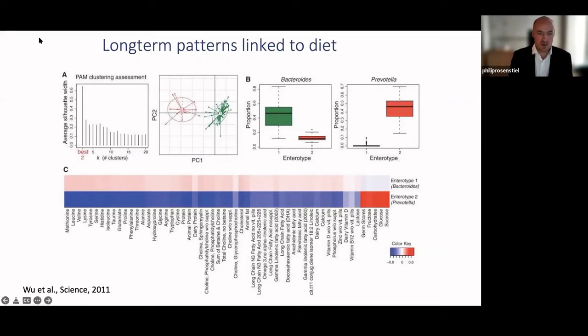I hope you can see my pointer. Can you see my pointer? Yes, okay. Clearly linked to the intake of carbohydrates here, whereas enterotype 1 was more linked to the intake of protein material. And I think this together was one of the first pieces of evidence in the microbial genomics space that there is such a binary or tertiary or whatever distribution.